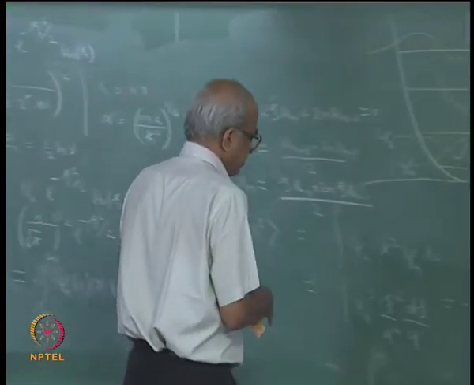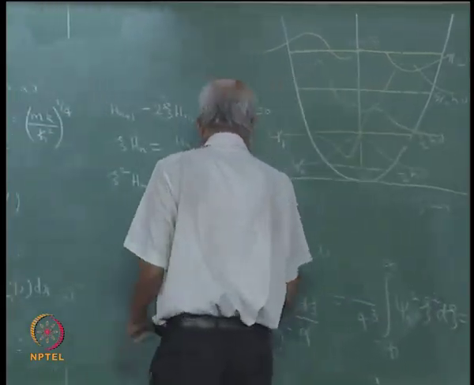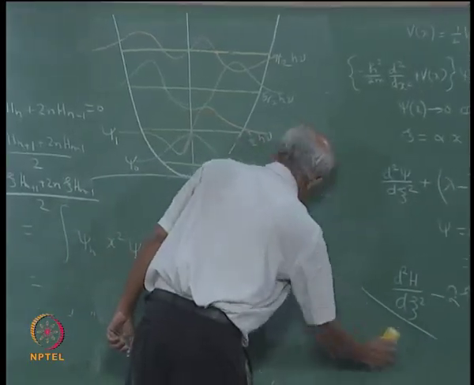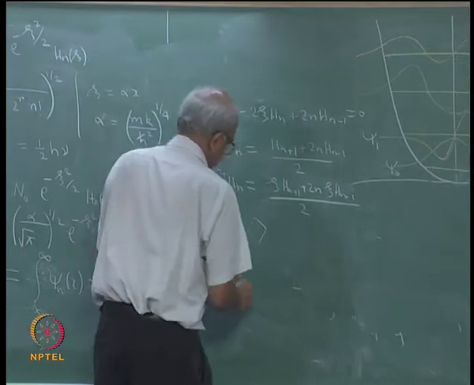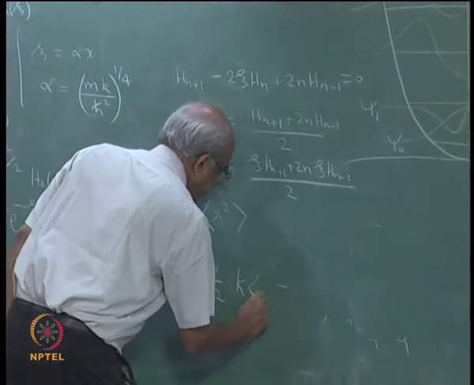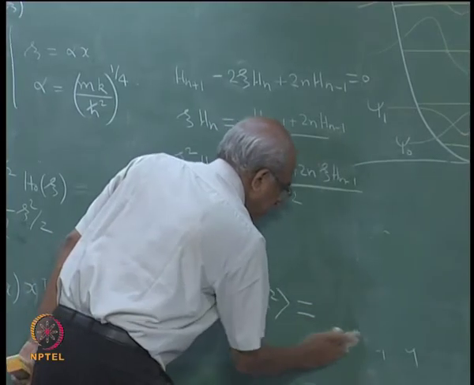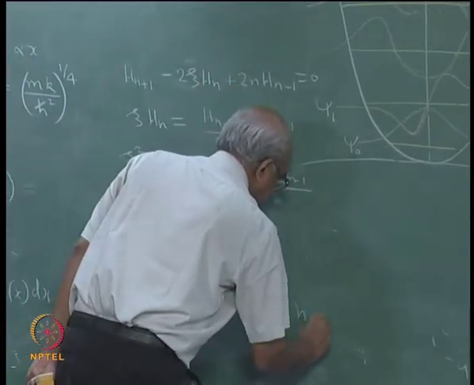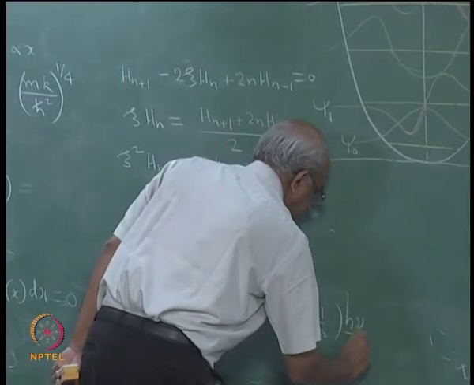I think I have spent enough time on the harmonic oscillator, so I am not going to evaluate this, but I can tell you what the answer will be. The answer can be written in this form: half k x square average is equal to n plus half h nu divided by 2.